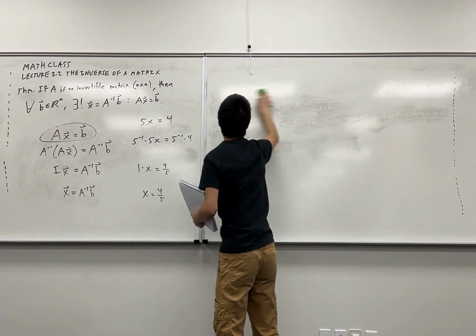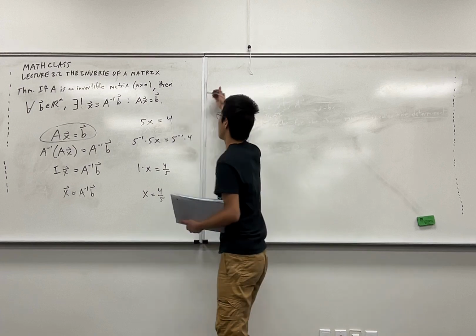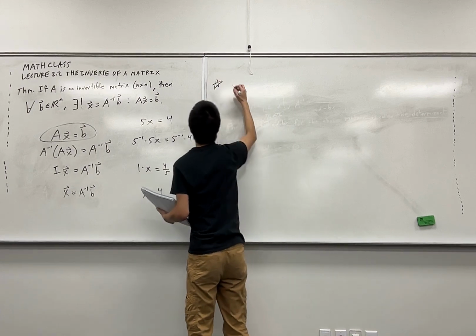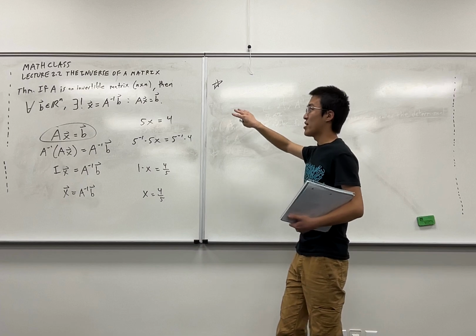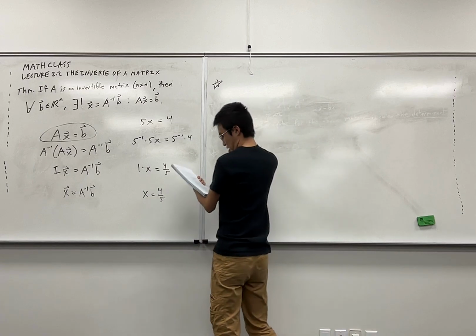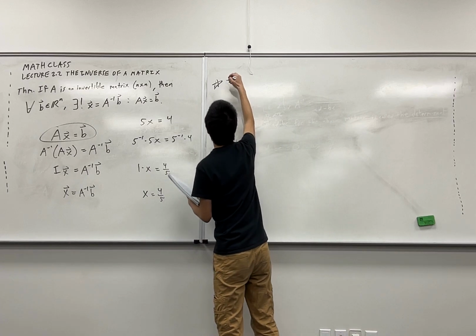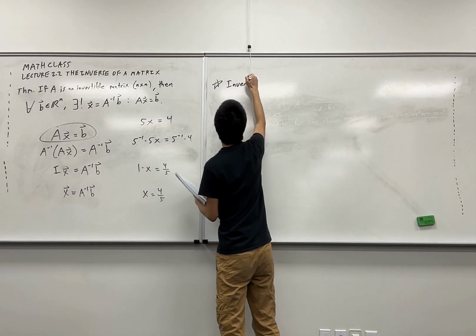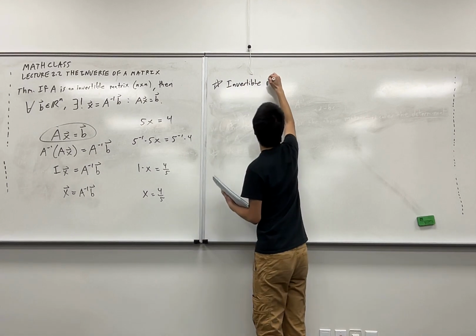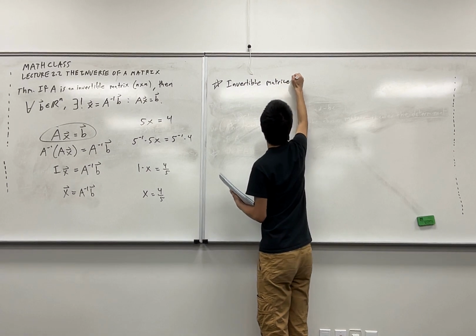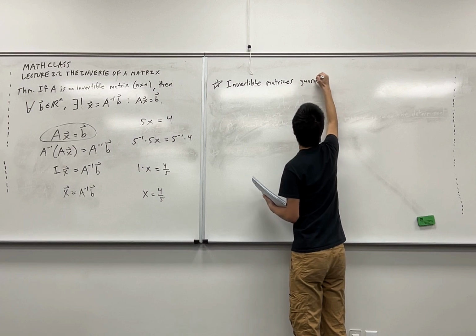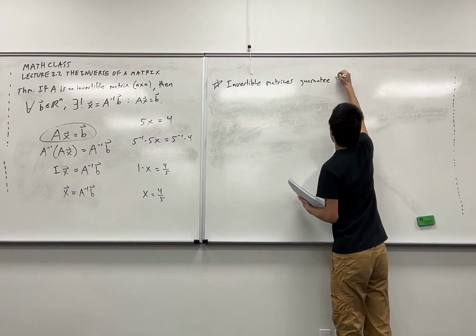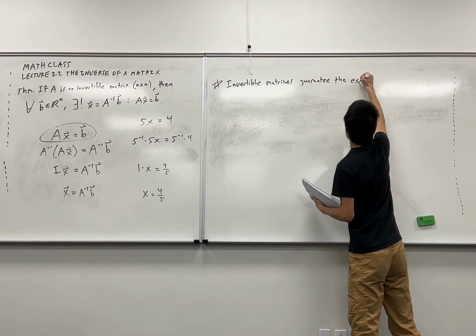Okay. There is a key takeaway with this little theorem, and it's a key motivation for why we care so much about whether we can invert a matrix or not: invertible matrices guarantee the existence of solutions.